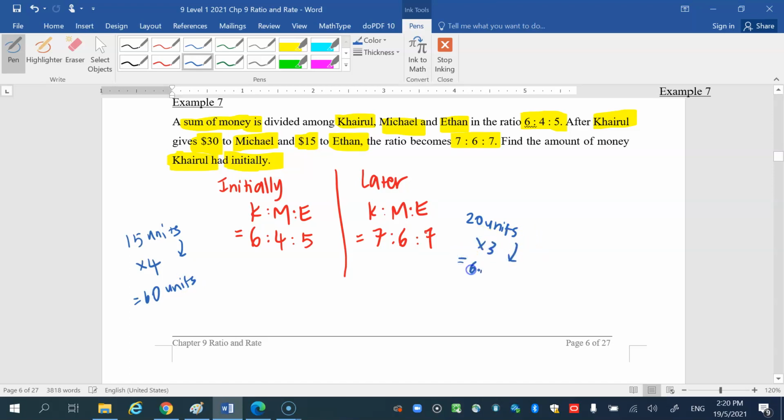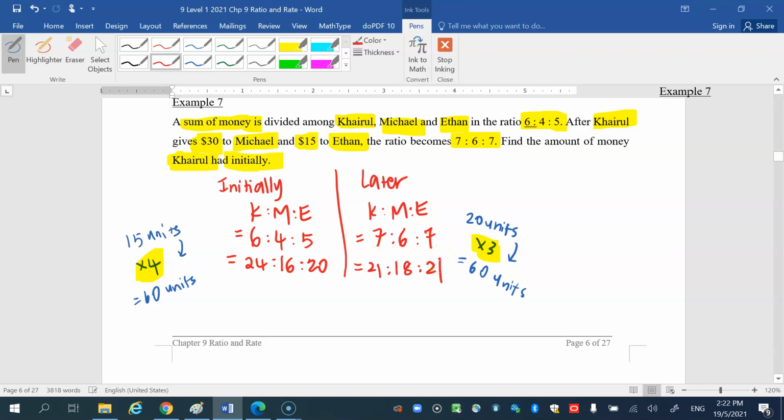So we multiply everything initially by 4, and this will become 24 is to 16 is to 20. And for the later ratio, we multiply every number by 3. So we get 21 is to 18 is to 21.